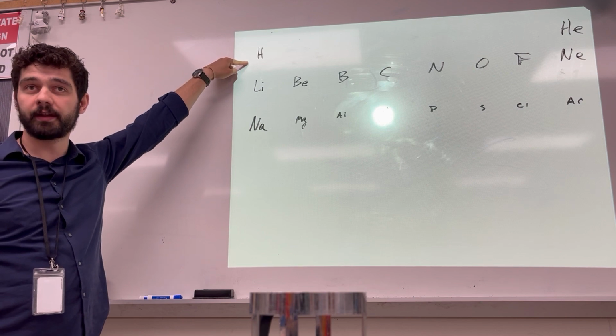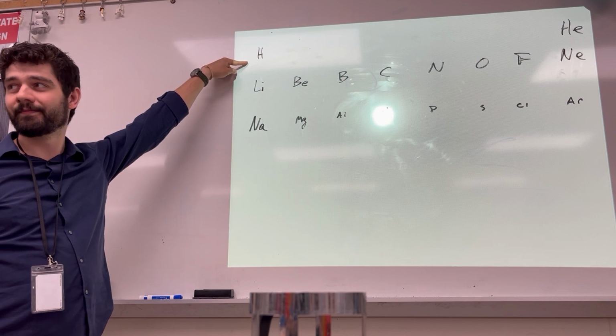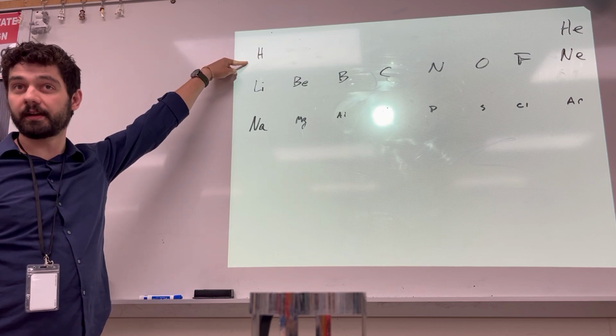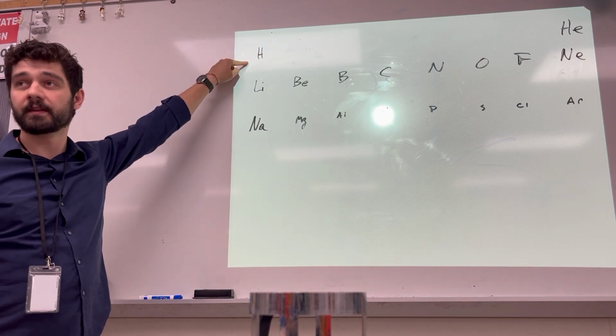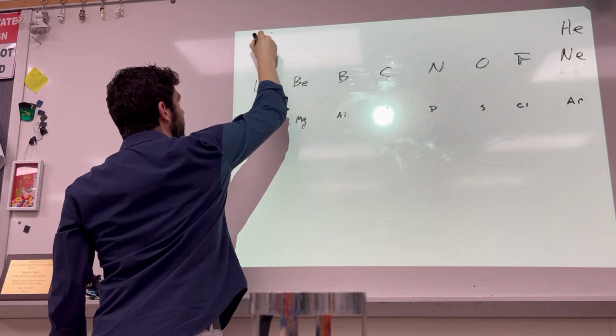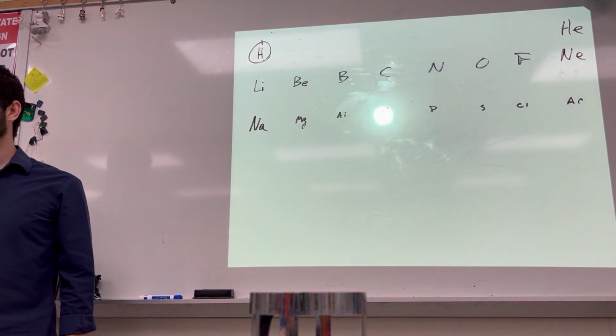I have a vote for 1 electron. How do we know that? Hydrogen has 1 proton, so if the charge is 0, I need 1 electron to cancel it out, right? So in my Bohr model, I'm going to put a ring, and I put 1 electron on that ring. Pretty easy.